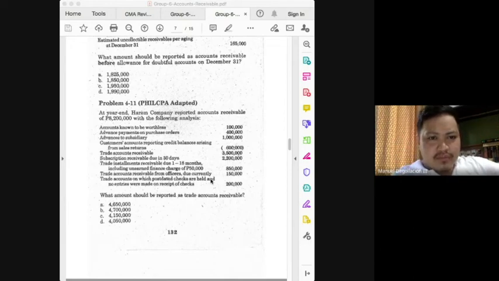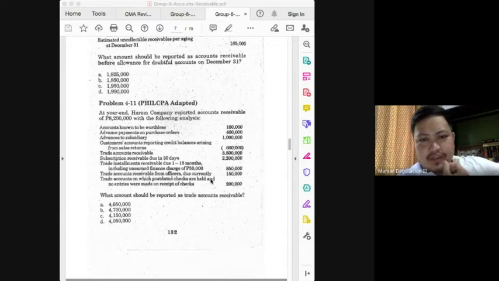Customer accounts reporting credit balances arising from sales returns. As what we've mentioned, class, credit balances in the receivables should not be charged off against other receivables, but instead it should be reported as a liability. This will be reported as a current liability, class. Definitely not part of our trade accounts receivable.